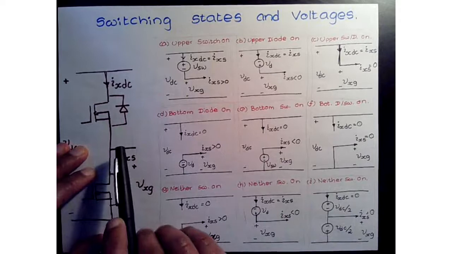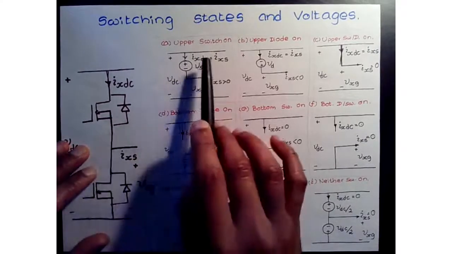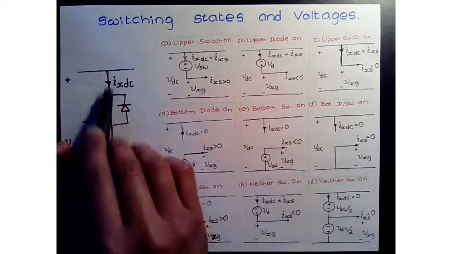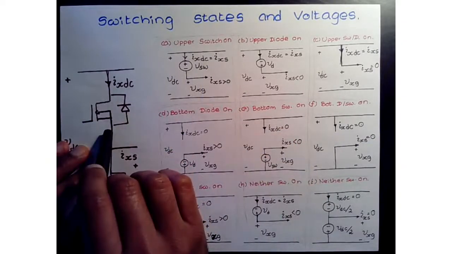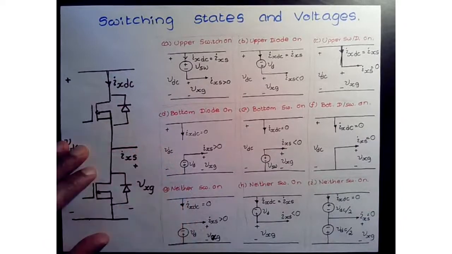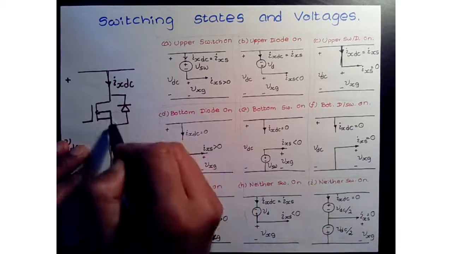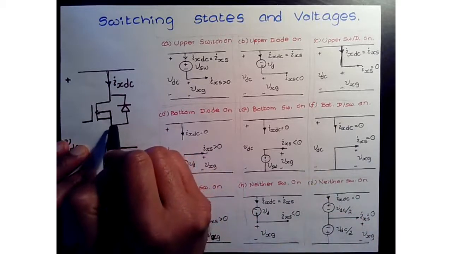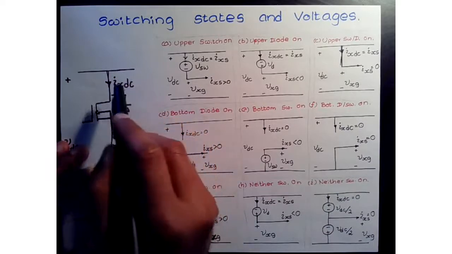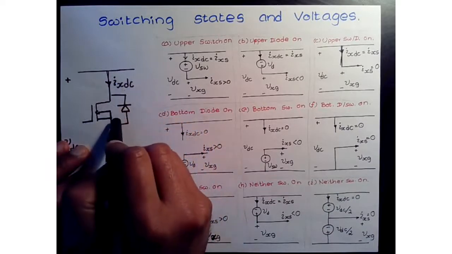combination, or first switching criteria, is where you have the upper switch on. Okay, so you have your upper switch on, which means you'll have a switch drop right here. If you remember from your electronic circuits class, you'll see that there is going to be a little bit of a VDS when the switch is fully on.